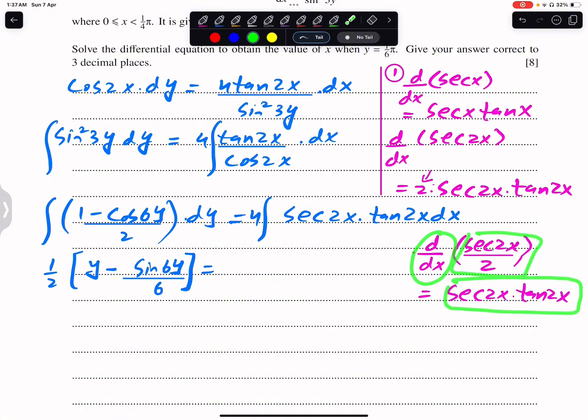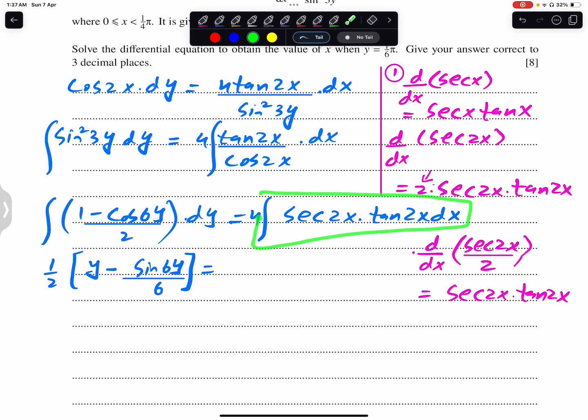And if you want to integrate this thing, what will you get? Who will tell me? You will actually get this expression, and this is, by the way, your question. You are going to integrate this part, and the answer will be this expression.